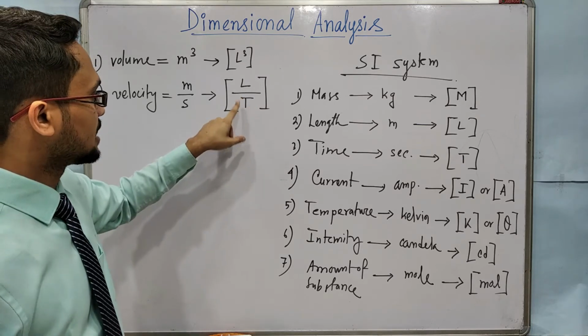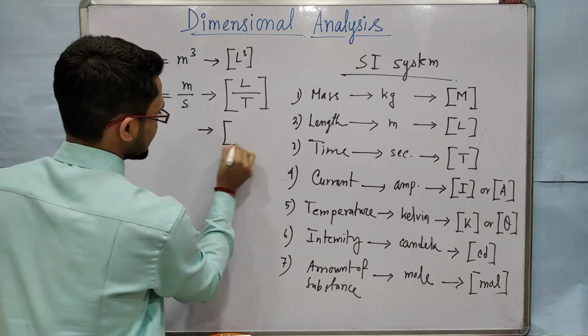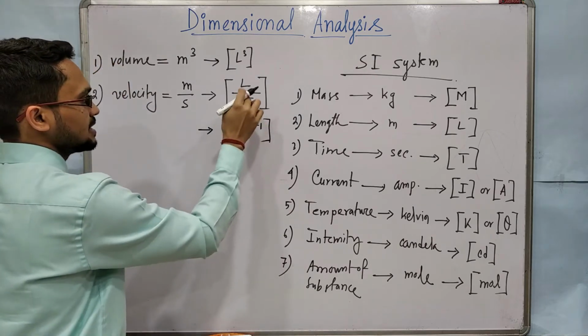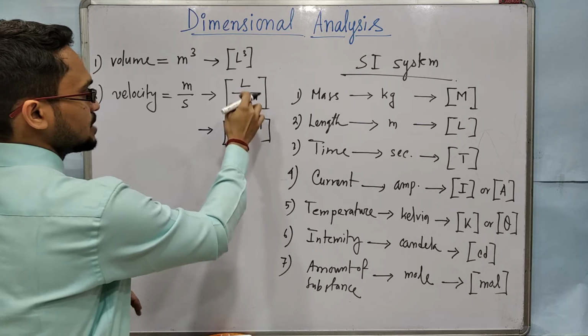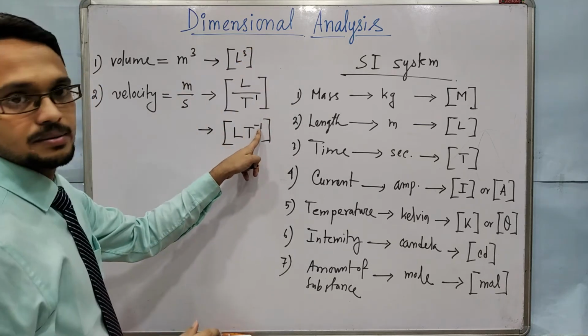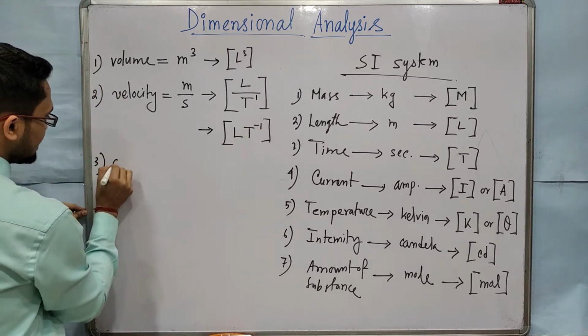You have to take all the dimensions to the numerator. So the proper answer will be L T to the power minus 1. If you take this T from the denominator to the numerator, the sign will change and its power will be minus 1.